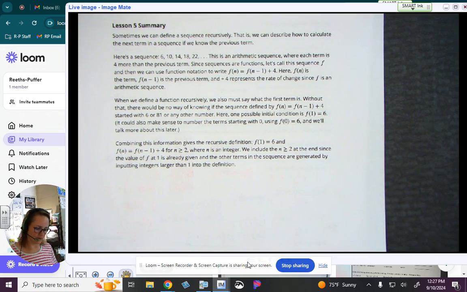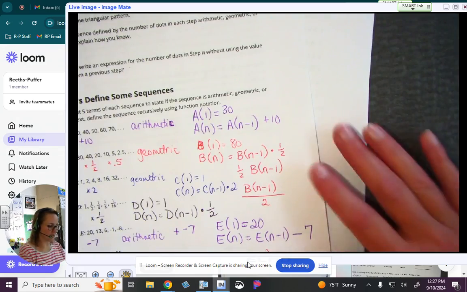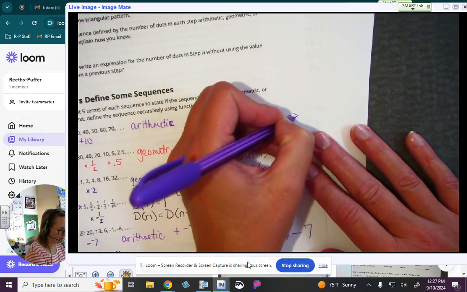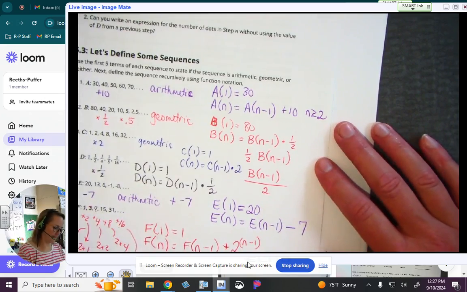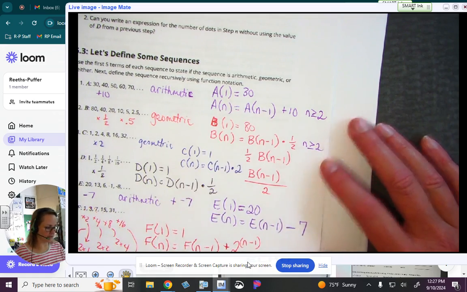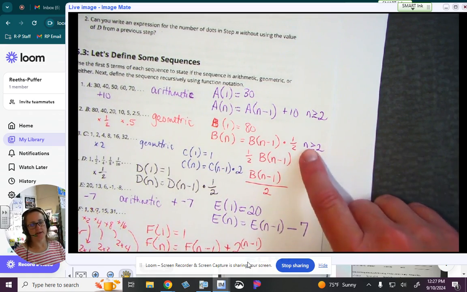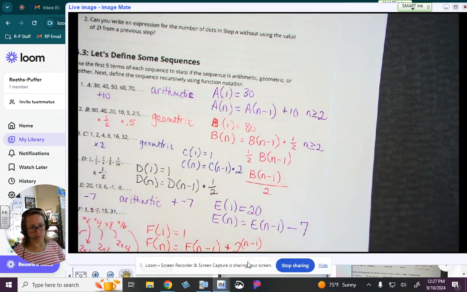I forgot that, technically. For each one of these rules, I should say for n greater than or equal to the second term. Because I have to give you the first term, and then for the second term and everything after that, we can use a rule that tells us what to do to the term before it.